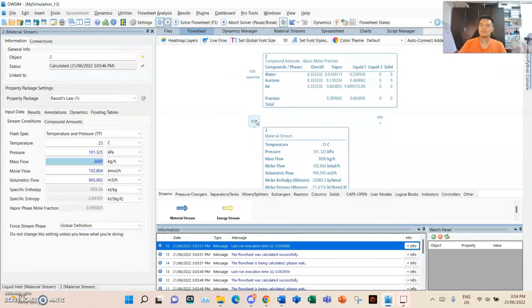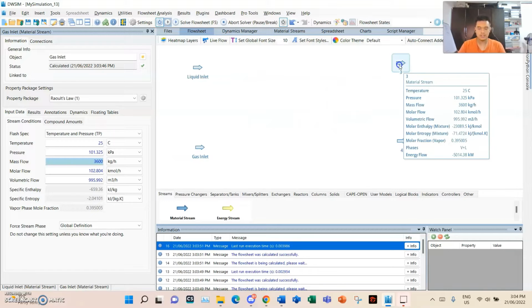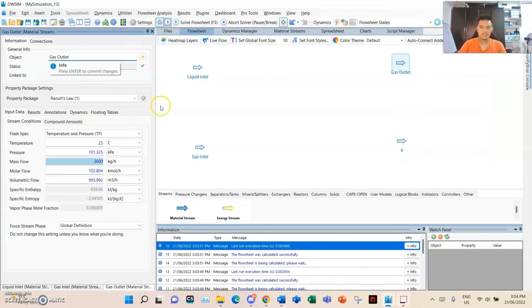Since it's gas, it flows upwards. So here, gas inlet, and by logic, this is the gas outlet, and here this is the liquid outlet.